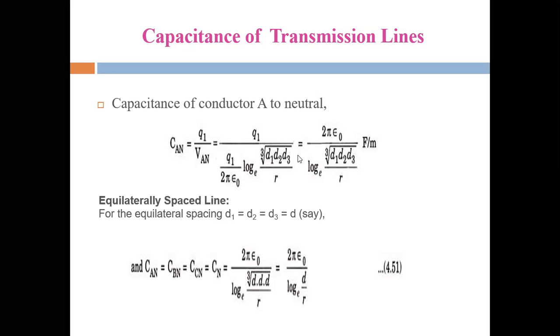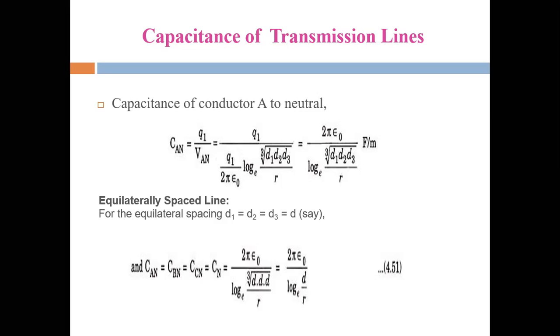Simplifying, that equals 2 pi epsilon naught by log e cube root of D1 D2 D3 by r farads per meter. That is the capacitance of conductor A to the neutral point.